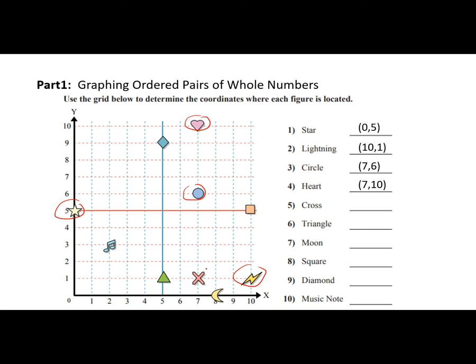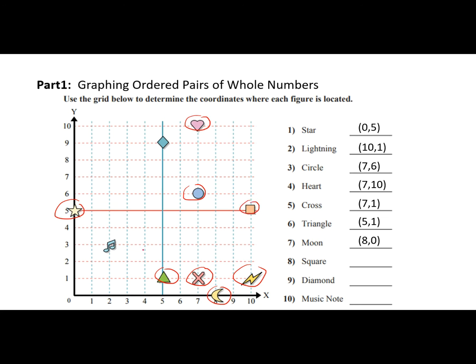Our cross. Start at the origin, travel 7 on the x-axis and 1 on the y-axis. Our triangle, start at the origin, travel 5 on the x-axis, 1 on the y-axis. The moon, travel from the origin, 8 on the x-axis, and it does not travel at all on the y-axis, so it's 8, 0.